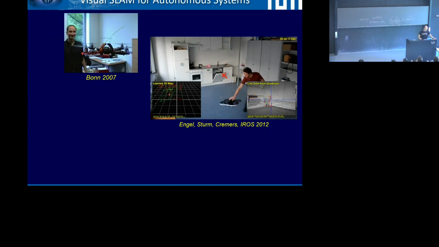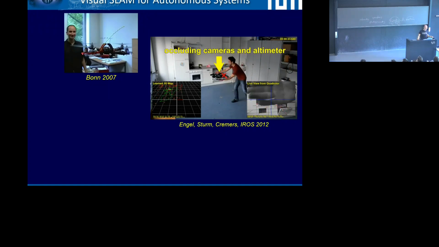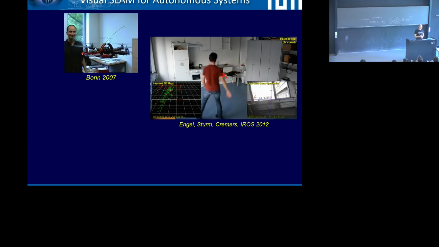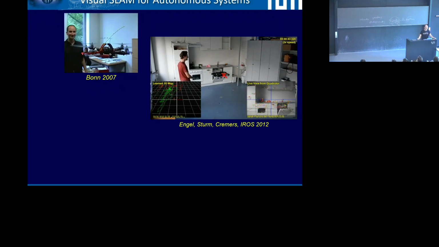This was his master thesis, so this was before LSD-SLAM. In fact, this is what sparked LSD-SLAM in the first place, because we used PTAM to fly the drone autonomously. Here he covers the camera, he covers the ultrasound depth sensor, and still the system always comes back like a little dog to the place where it's supposed to stay. So it's extremely robust. Even when it crashes into the cupboard, it turns around, it comes back. Right?